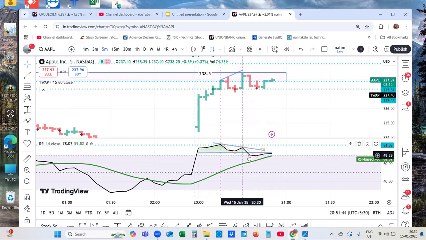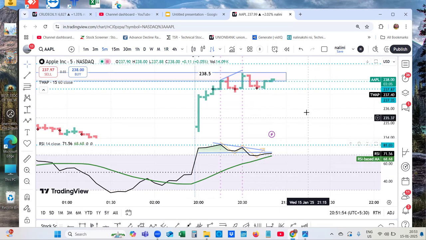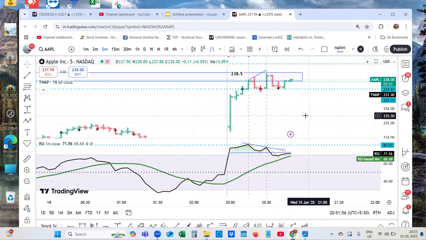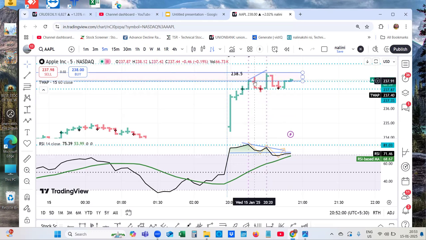Let us check. RSI is not at all making a higher high, even though price is moving higher than this level, right? Let us wait. This is the first time, first high, second high, and we need to see the third time retest.